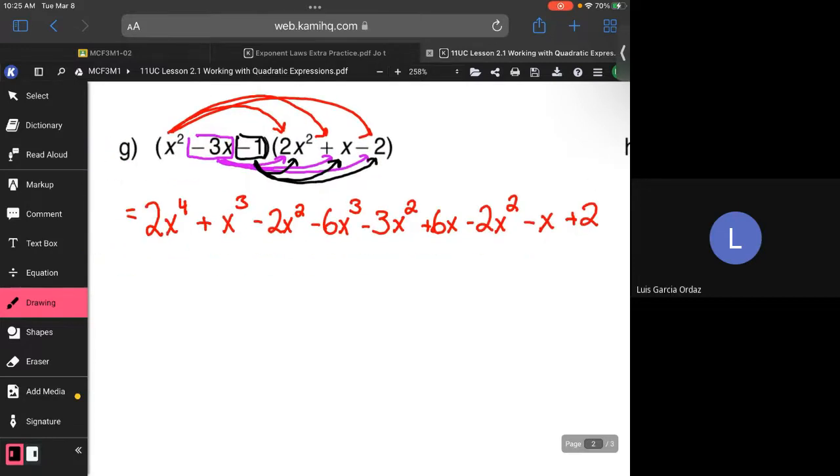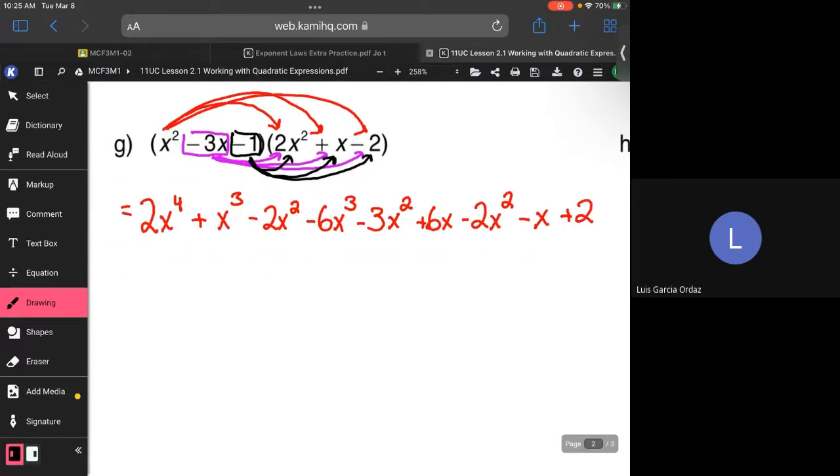So now what do I have to look for? Like terms. Does 2x to the 4 have any like terms? No, so you just leave 2x to the 4 by itself. How many like terms does x cubed have? I have +x cubed and -6x cubed.